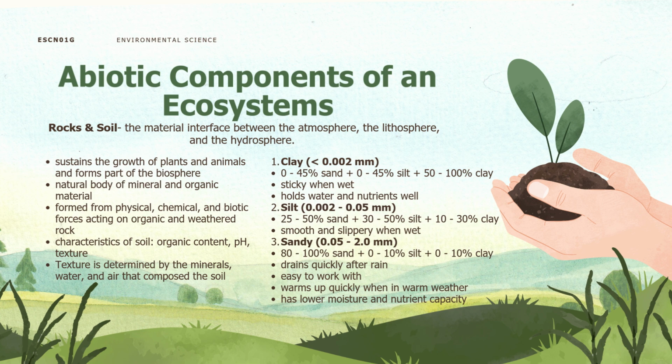We have clay, silt, and sandy. And if you're going to notice, okay, clay is the smallest what? The smallest type of soil particle, running at less than 0.002 millimeters, then followed by silt, which is around 0.002 to 0.05 millimeters, and the sandy being the largest among the three at 0.05 to 2 millimeters.